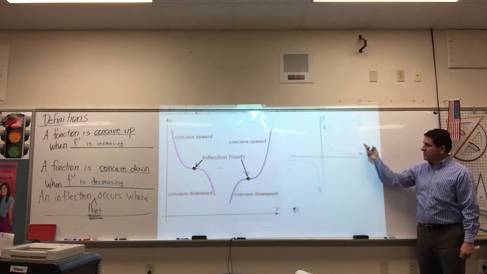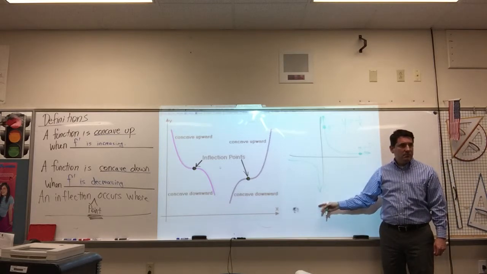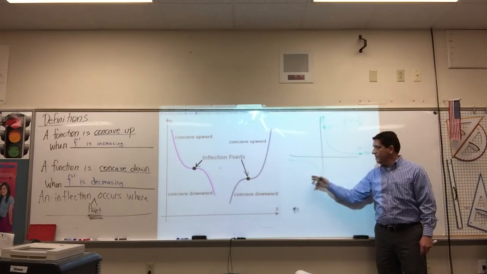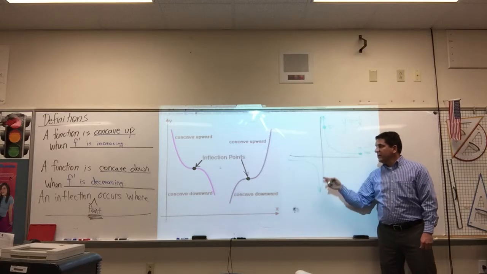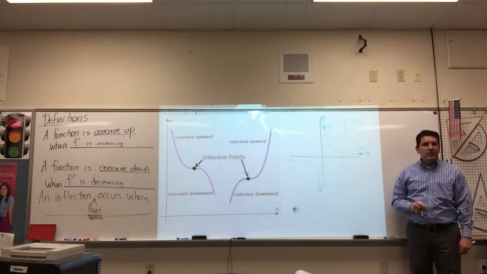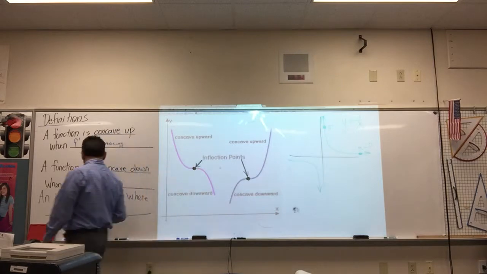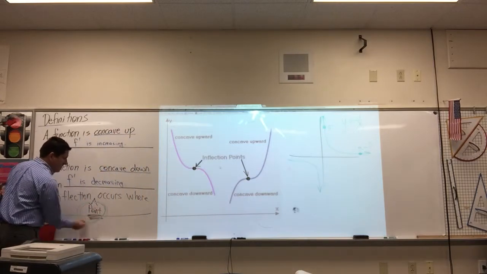To complete the y equals 1 over x, this part here is concave down. Is there an inflection point on this graph? And the answer is no. The reason is because this is a very important word.